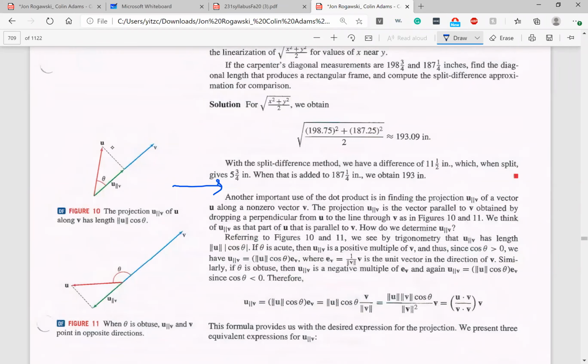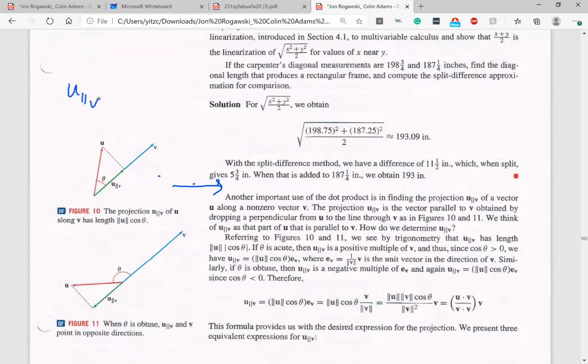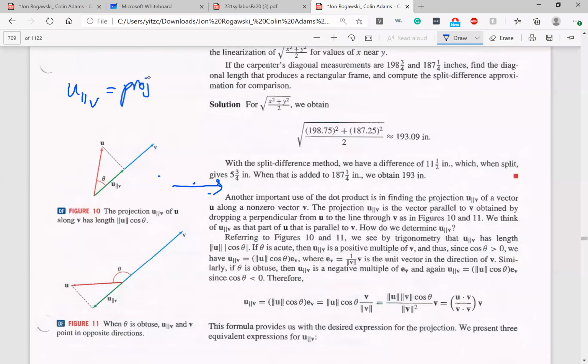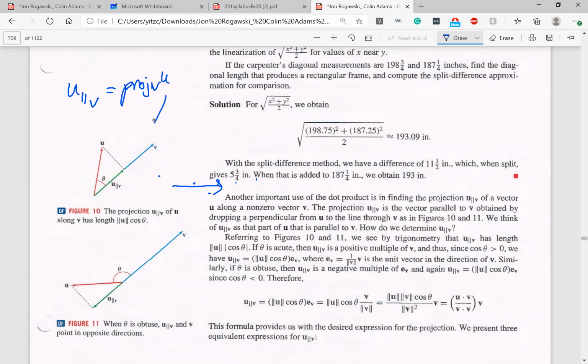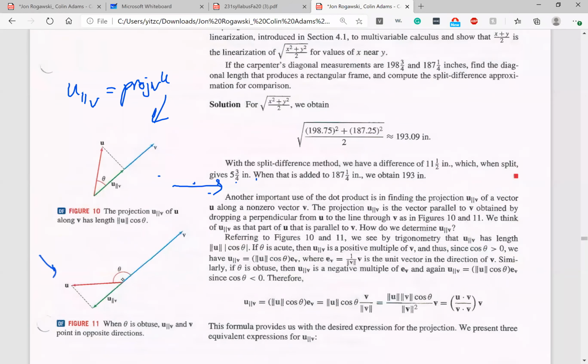So here's u, here is v, and the notation that they're using is that u, 2 lines v, means that u is projected onto v. We also say that this is the projection of u onto v. So that's this picture over here. But you can also have a projection like this. If v and u are going in different directions, then you can't really project u onto v, but you can project it onto this line.